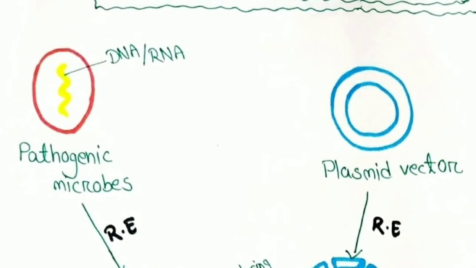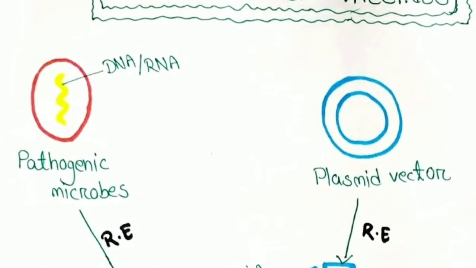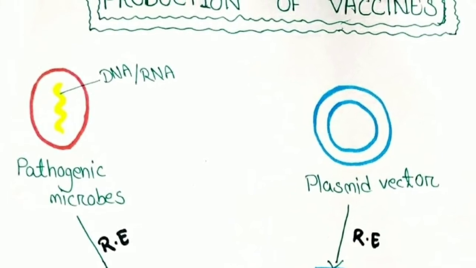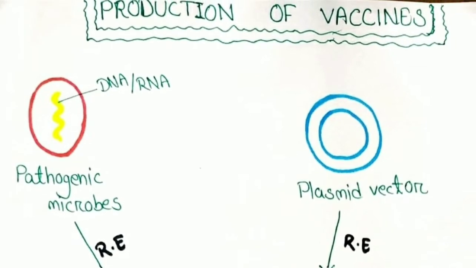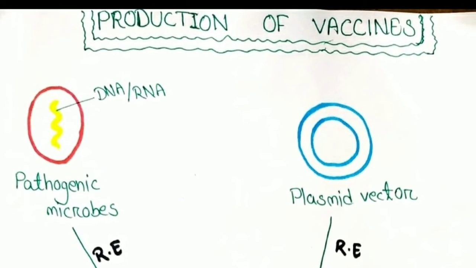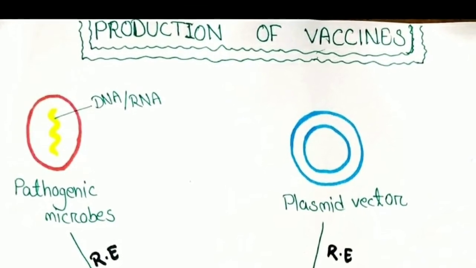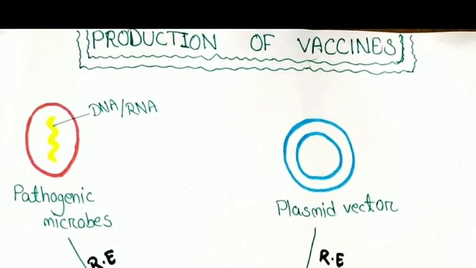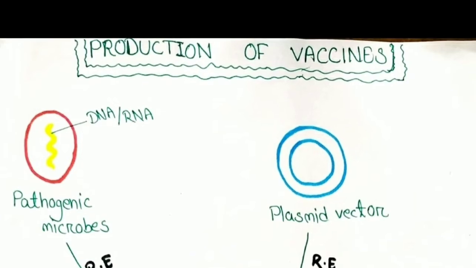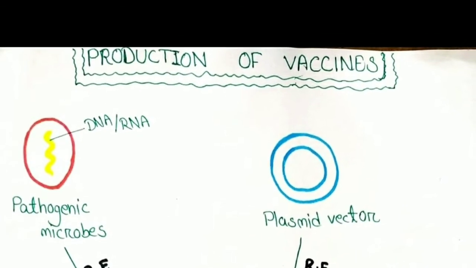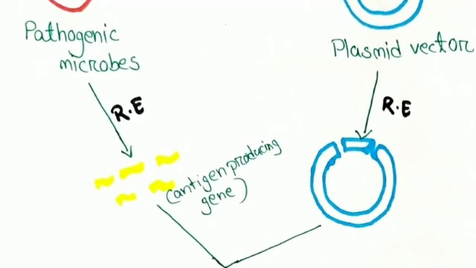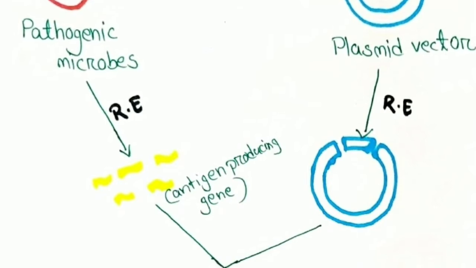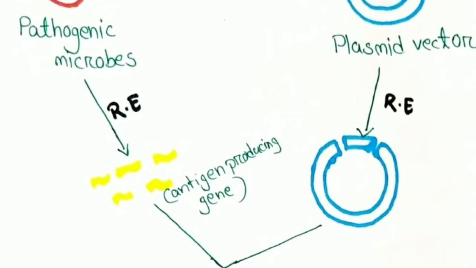The first step is to isolate the DNA or RNA of those pathogenic microbes and also isolate the plasmid vector, which works as a carrier. Then what is the second step? The second step is fragmentation of DNA by restriction enzyme. What is the function of restriction enzyme?